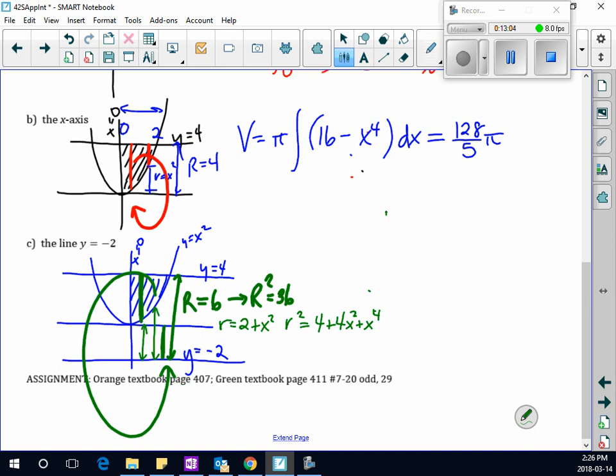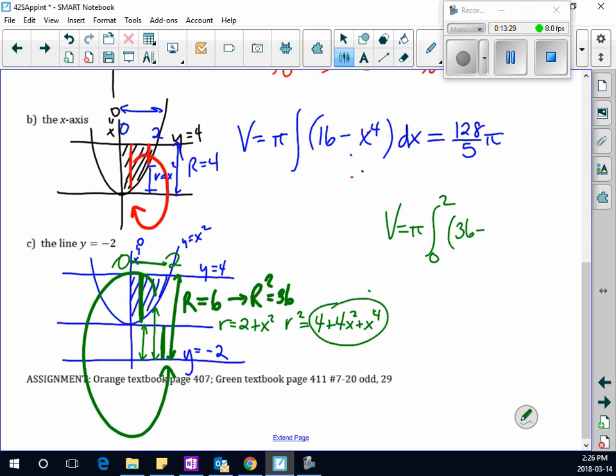So then I'll put it all together. My volume is pi. I'm stacking this way, so I'm going from 0 to 2. And this is my big radius squared, which is 36. Subtract the little radius squared, which is this whole thing.